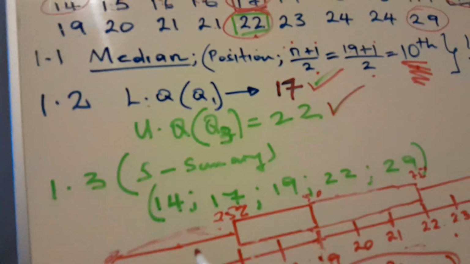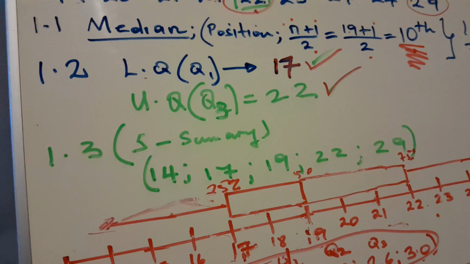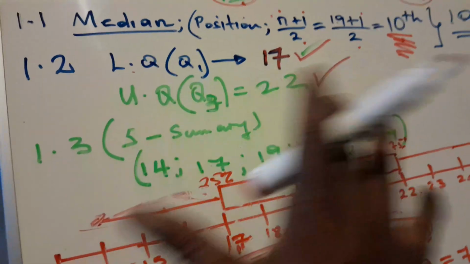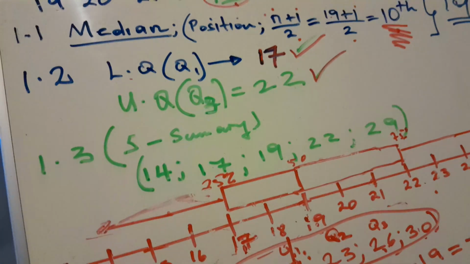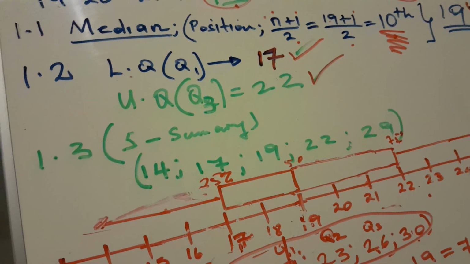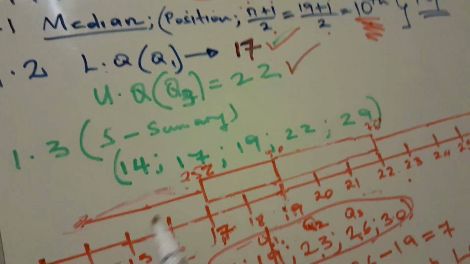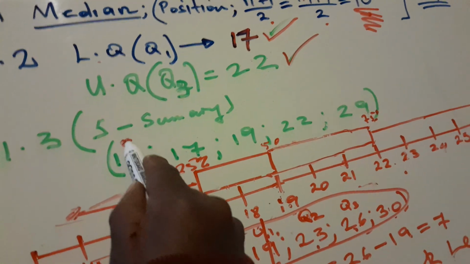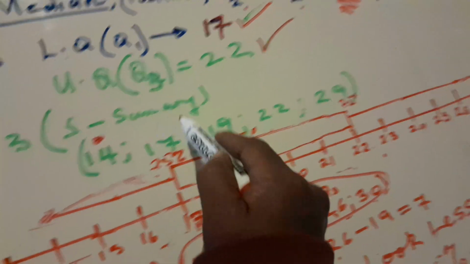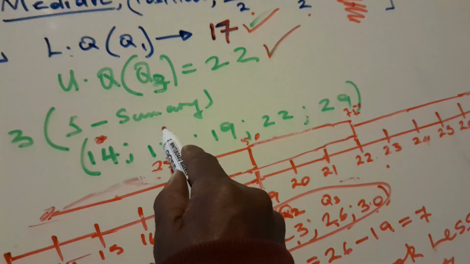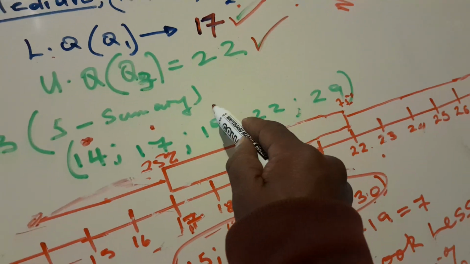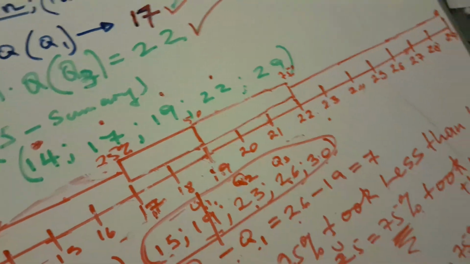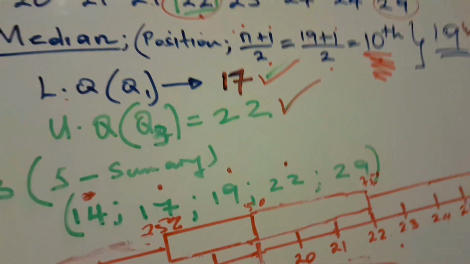For you to draw the box and whisker diagram, you need to establish your 5 summary entries, 5 summary variables, which are the minimum, followed by the lower quartile, the median, the upper quartile, and the maximum.